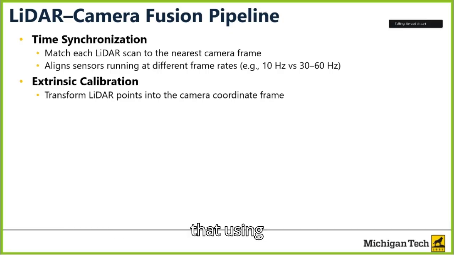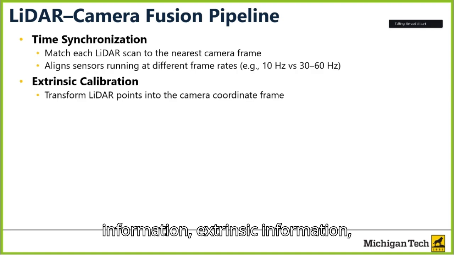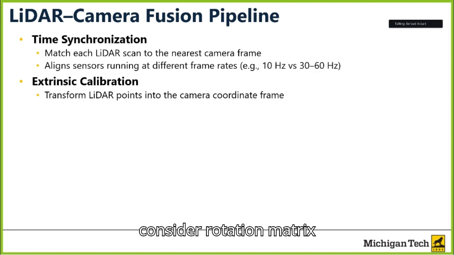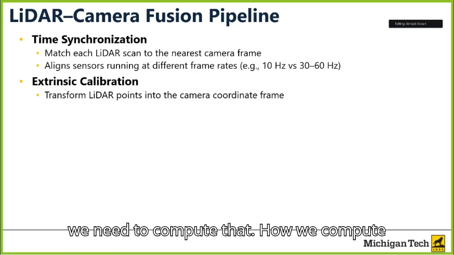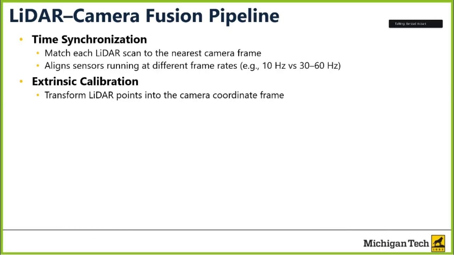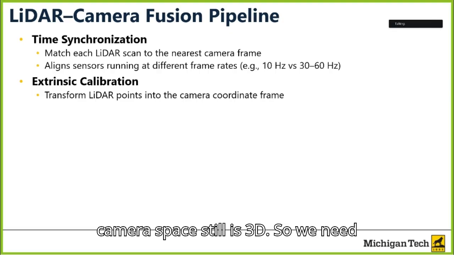And how can we do that? Using extrinsic information. Extrinsic information consists of the rotation matrix and translation vector. We need to compute these two, and how we compute them, we will talk about. After that, even though we have the 3D point in camera space, it is still 3D.